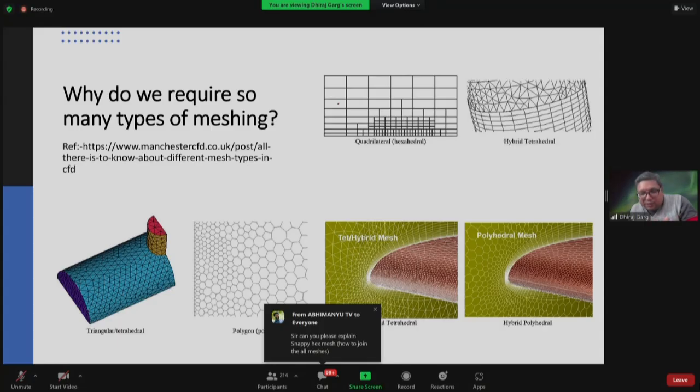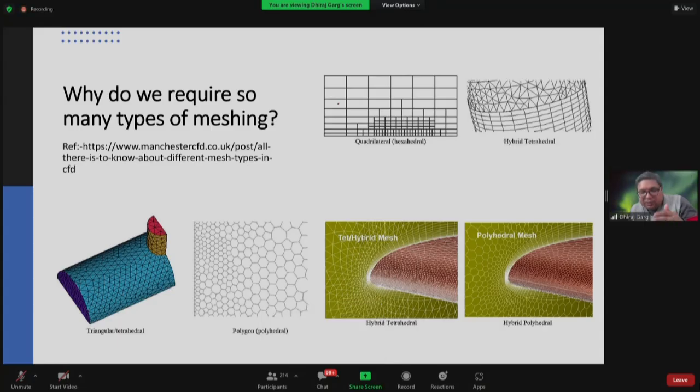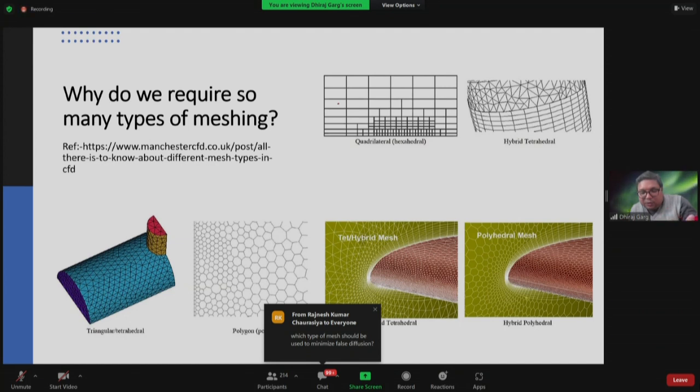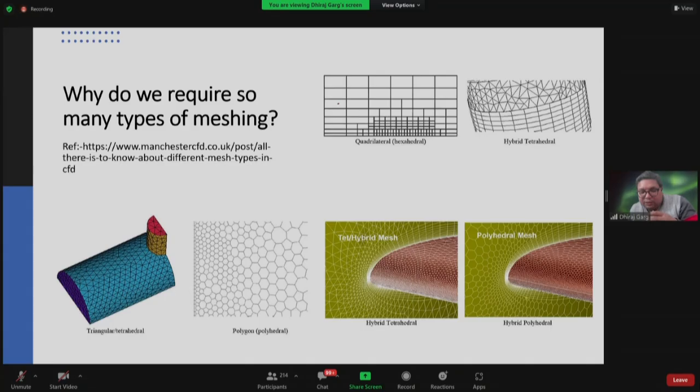So in the previous session, Professor Harikrishnan said that a structured grid may be slower compared to an unstructured grid. So let's say time is not the constraint. Then you will see the computational power. In the case of unstructured grid, generally they are indirect solvers which are iterative in nature. So it has a much lesser computational requirement.